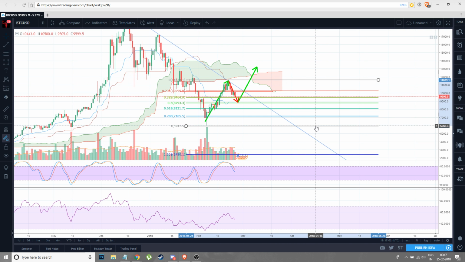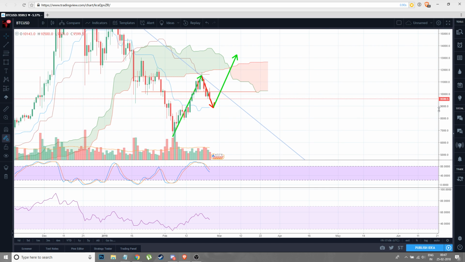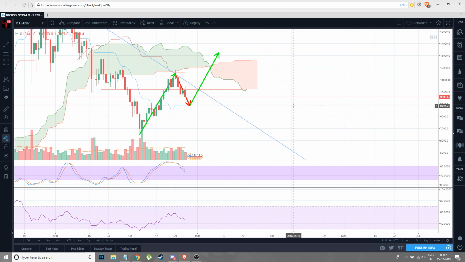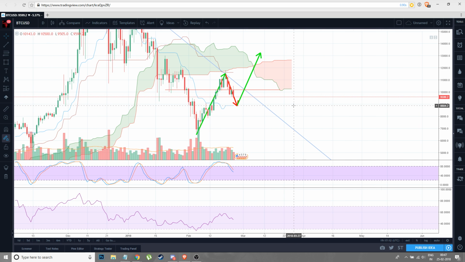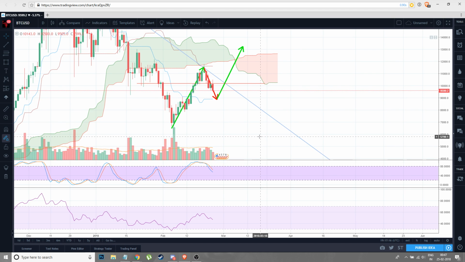So on a lower time frame, I'll talk about this in a little more detail, but on this time frame specifically, I'm seeing this area being a support region, and there's a very high likelihood of that.